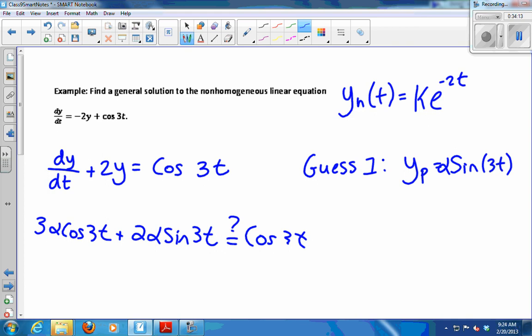But then I end up with an extra 2/3 sine 3t. There's no alpha I could choose that can make this thing equal to cosine 3t. So this didn't work. And the problem was that I had an extra sine term. I don't want to have any sine terms after I add them together. So I need another guess.